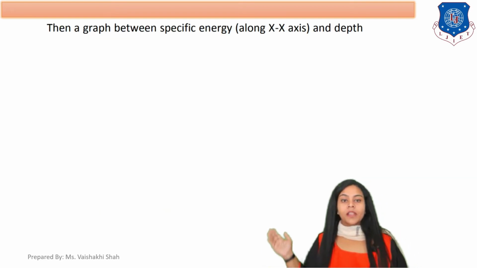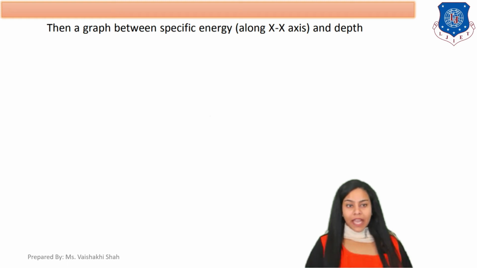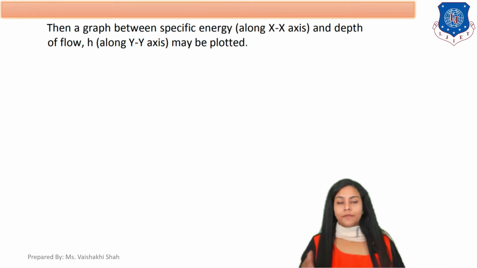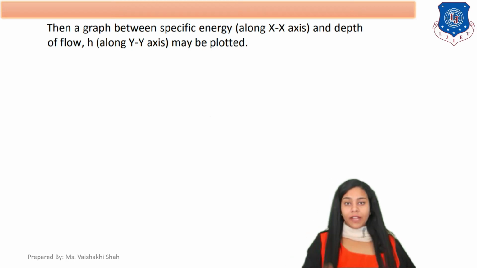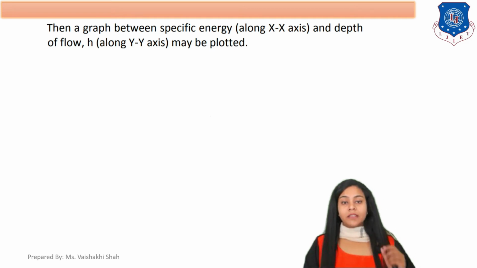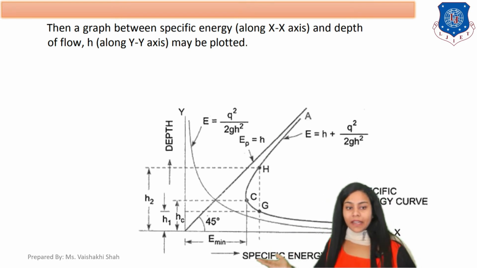Okay. So now if you draw the graph between specific energy and depth of the flow, you can take specific energy on the x-axis and depth on the y-axis. Here we indicate depth by h and specific energy by E. So the graph may be plotted like this.